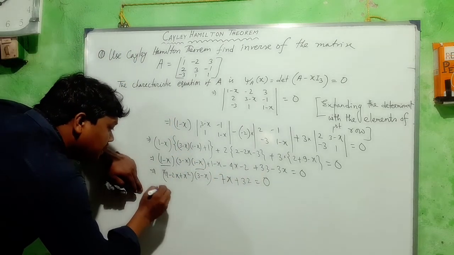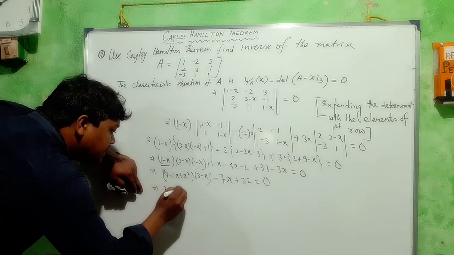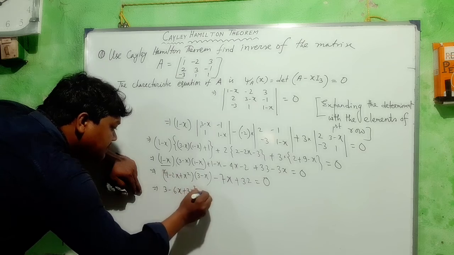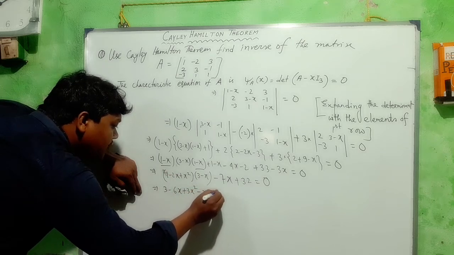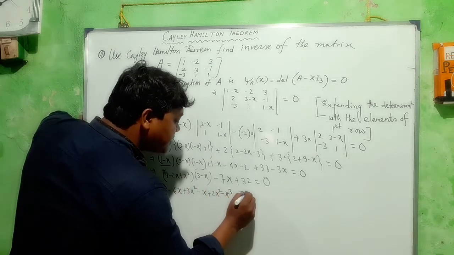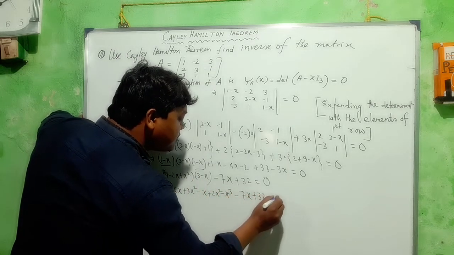Next, 3 minus 6x plus 3x square minus x plus 2x square minus x cube minus 7x plus 32 equals to 0.